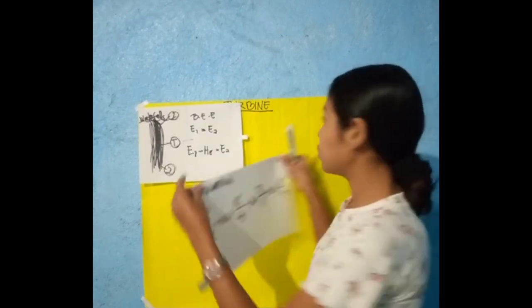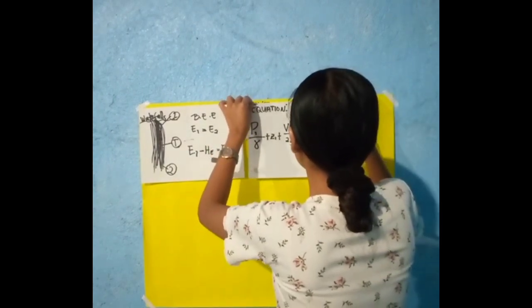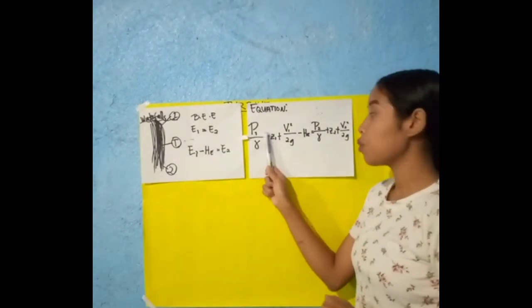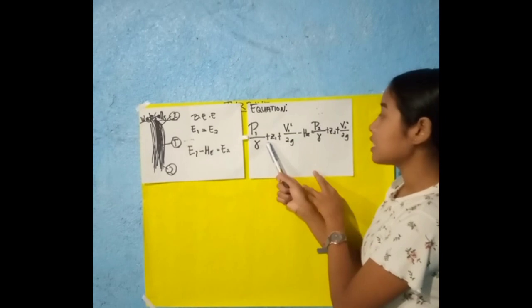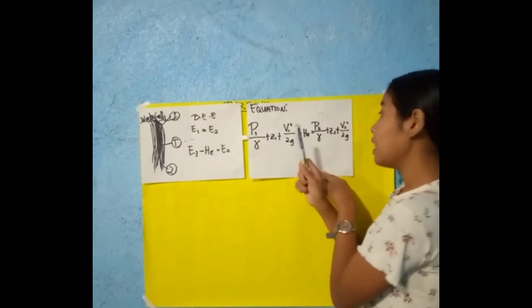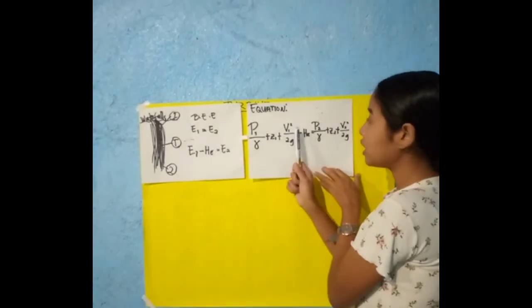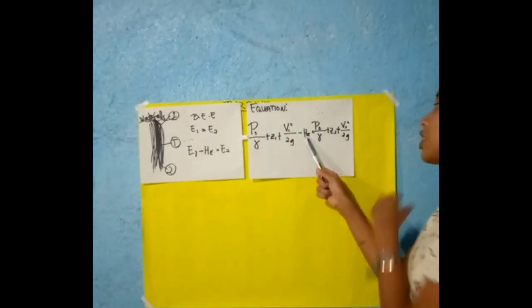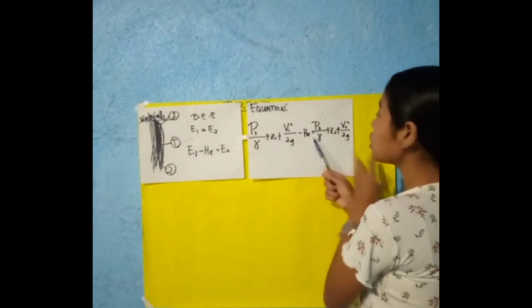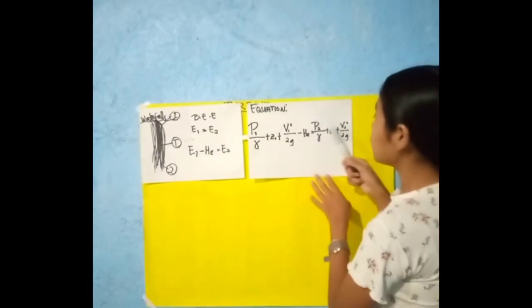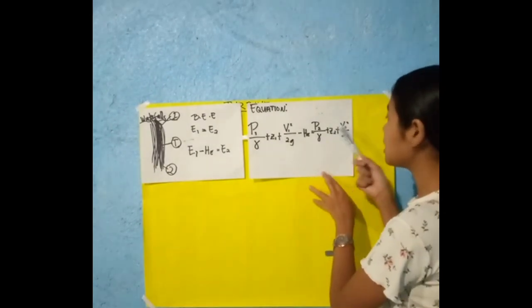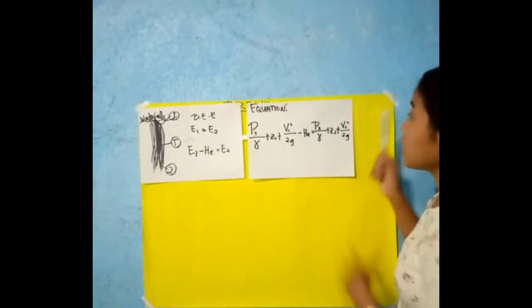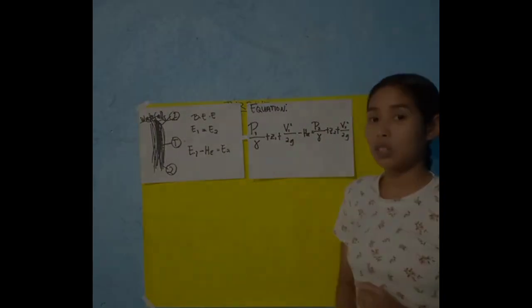So our equation will be this: energy in point 1, or the pressure 1 over the unit weight, plus the elevation head in point 1, plus the velocity head in point 1, V1 squared over 2g, minus the energy head extracted, is equal to our energy in point 2. So pressure 2 over unit weight plus Z2 plus V2 squared over 2g. So this is our equation if we have a turbine.